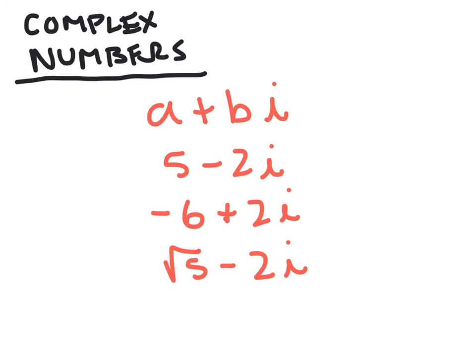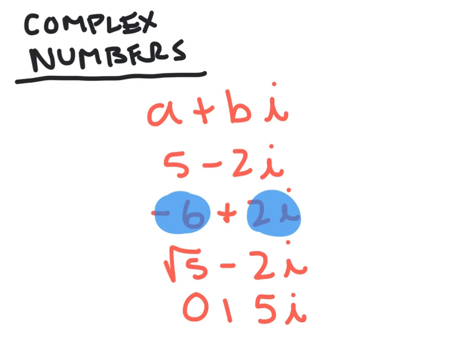Again, it can have two parts, a real part and then an imaginary part. It could also just have an imaginary part. It could just be 5i, for instance, and what that really means is that you have a 0 value here, but we don't write the 0, we would just write the 5i. But these are called complex numbers, and we're going to learn a lot more about them.